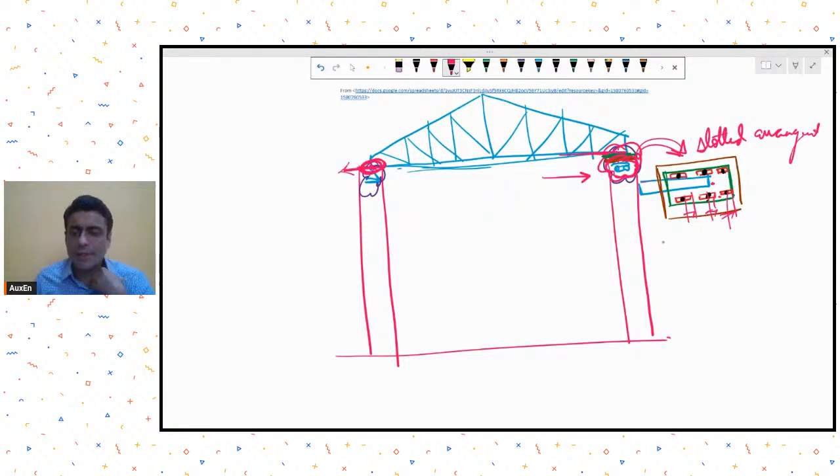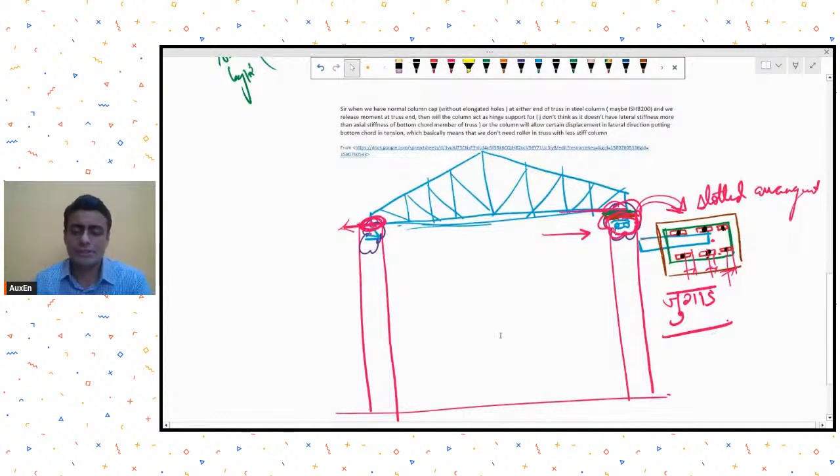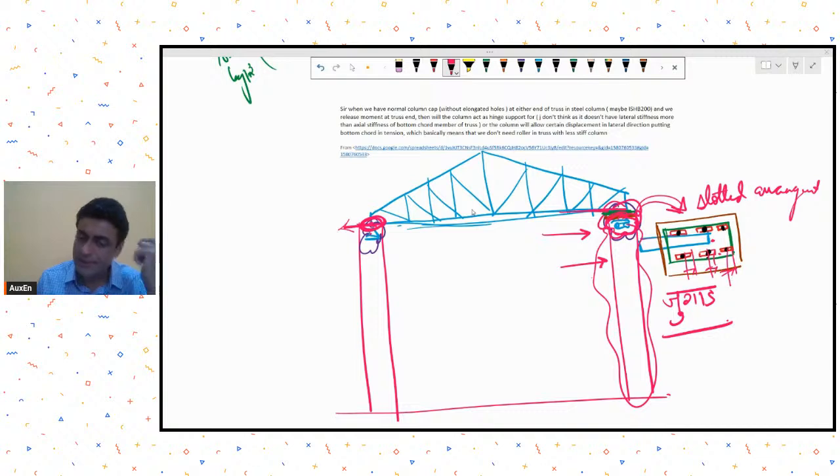Now this is a jugaad work. It is not a foolproof sort of thing that we do, but this slotted hole type of assembly is quite common if you see it in trusses. So this helps us in our assumption that one end is hinge, other end is roller. And then if you refer to the last episode of this Ask Anything, I had explained that now if this is roller, basically what you are saying is that this column is sort of a cantilever till a certain lateral translation, isn't it?